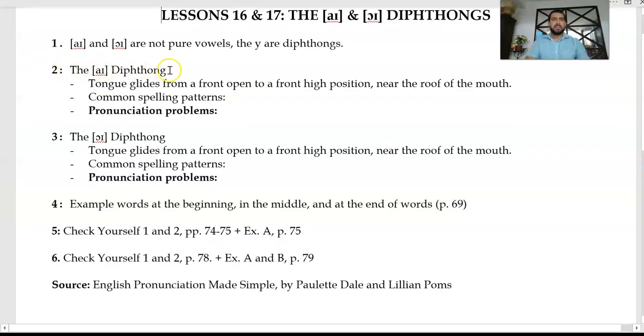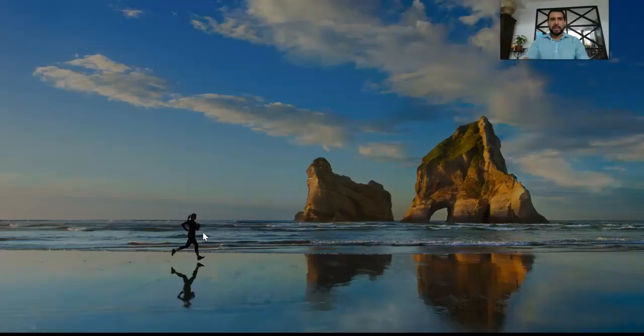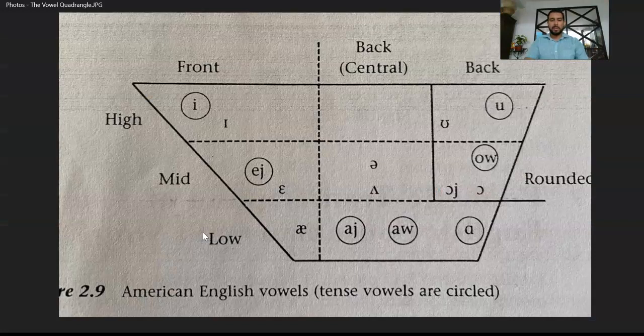We will cover how to articulate the I and the oi diphthongs, a few spelling patterns, some common pronunciation problems which Spanish-speaking students learning English might encounter, and finally a few exercises from the English Pronunciation Made Simple book. So let's dig in.